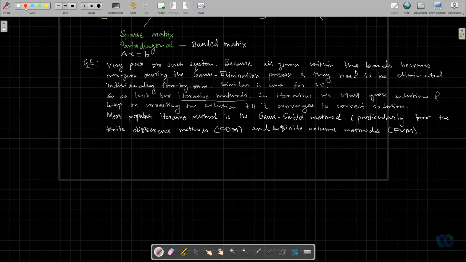So we should look for the Gauss-Seidel method. This is what we'll be using the most. Okay, Gauss-Seidel method.